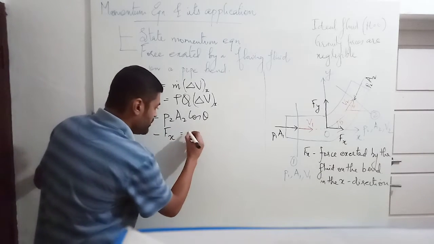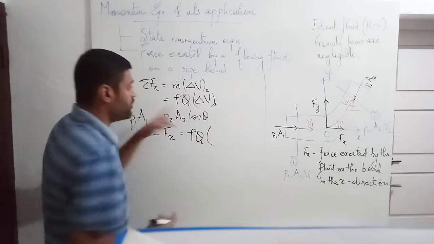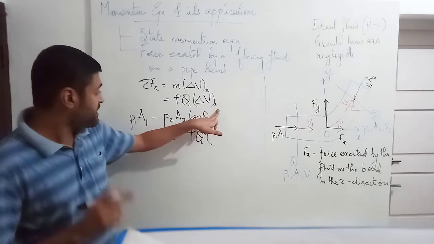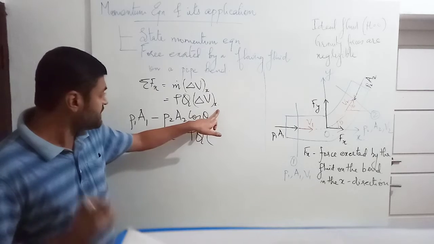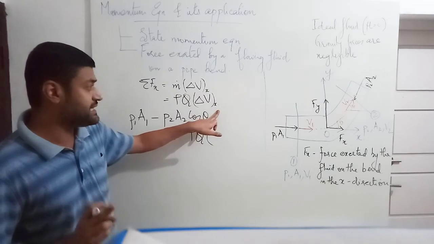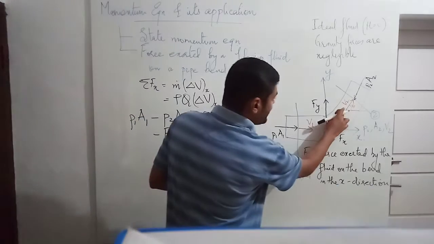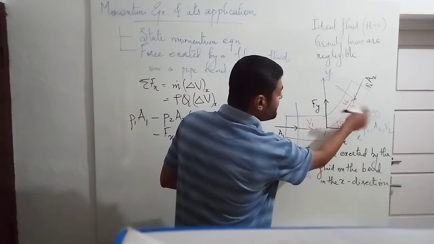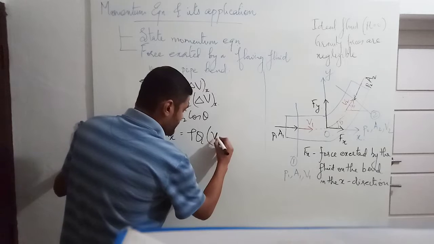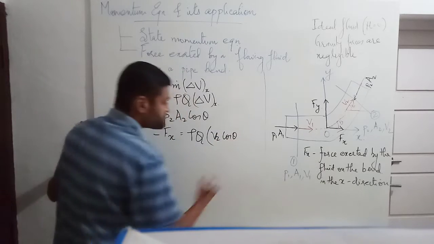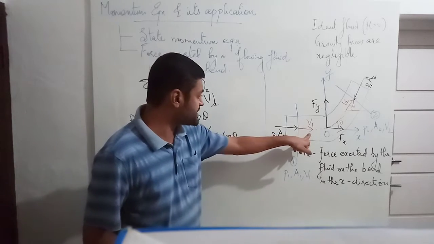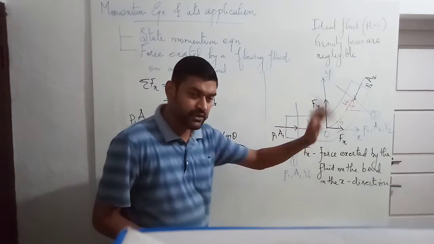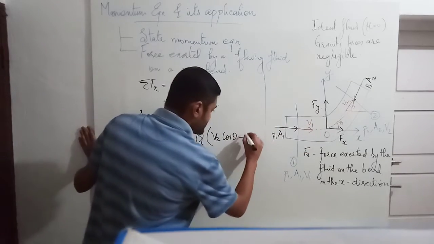That is equal to rho q times delta Vx, that is final velocity in the x direction minus the initial velocity in the x direction. Now the final velocity is V2, and the component of this velocity in the x direction is V2 cos theta. The initial velocity is V1 acting in the positive direction only, so minus V1.